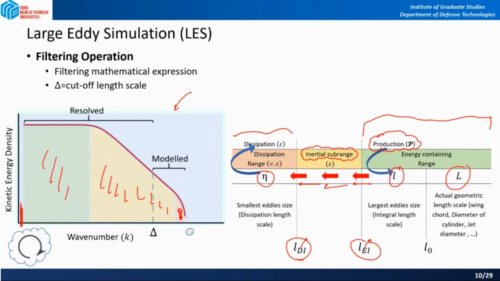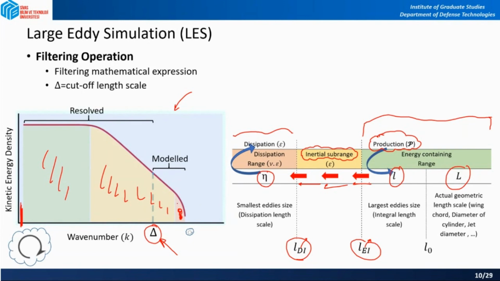Now, when we are doing the filtering operation, the same way we select the filter size, we have to select the width of the filter, and we call it cutoff length scale. This is called delta, cutoff length scale. So the filter width, this delta or the cutoff length scale, is typically chosen somewhere within the inertial subrange.